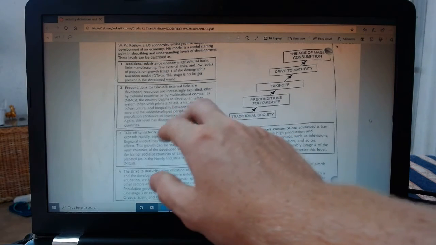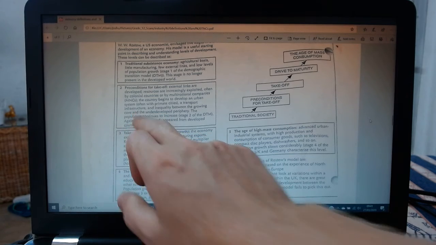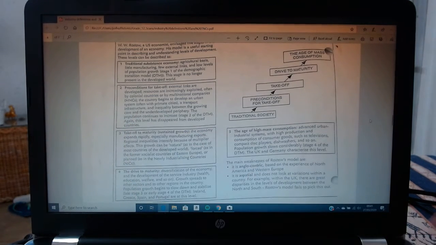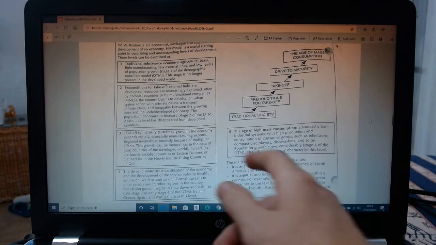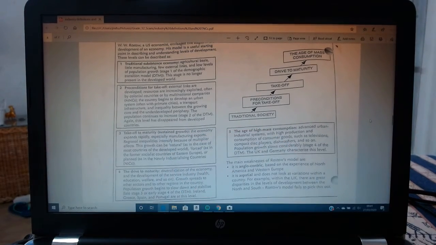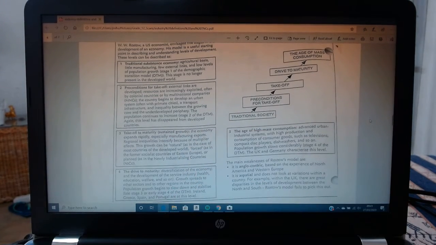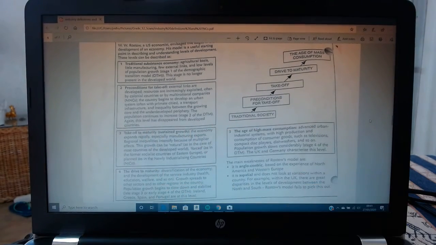Next of all, transport infrastructure starts to develop. So they start to develop transport within their own country, so people can move around and fill jobs. Population continues to increase. We'd have a high birth rate. A lot of people still having a lot of kids. 2 examples in here: the Philippines and Nigeria. Okay, so in this one here, you can put Philippines and Nigeria.